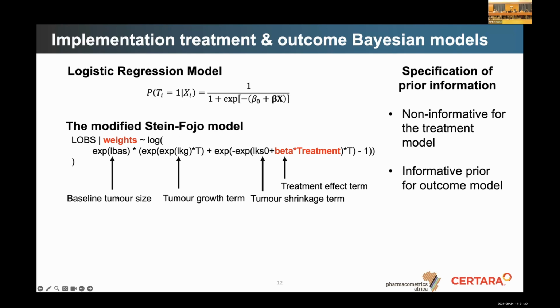And then also the parameters that we have here, which would be the baseline tumor size and also the growth term, the shrinkage term, and one thing that we have added in here is the treatment effect using this beta. So the assumption here is that the treatment is acting on reducing the tumor size. So this is a very strong assumption that we have made right now.